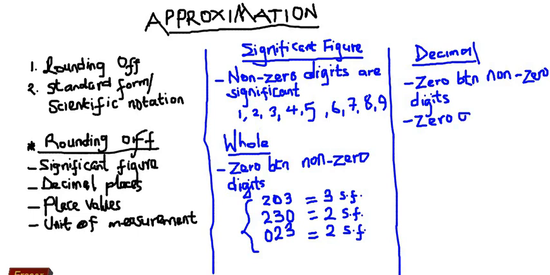So a 0 after the last non-zero digit is significant.